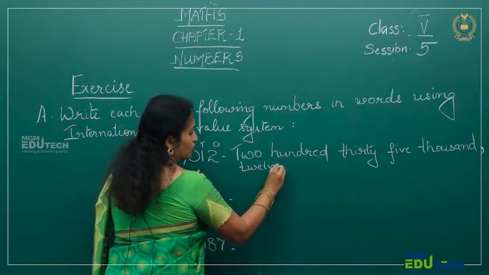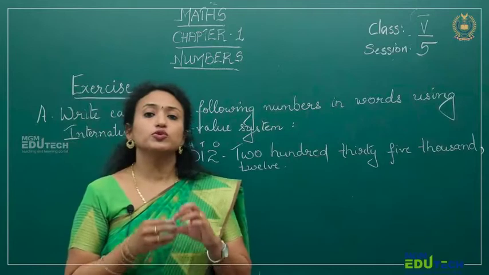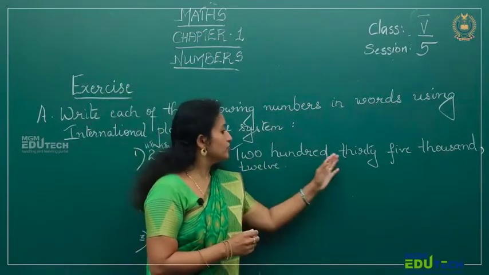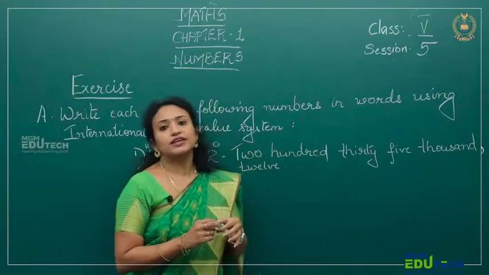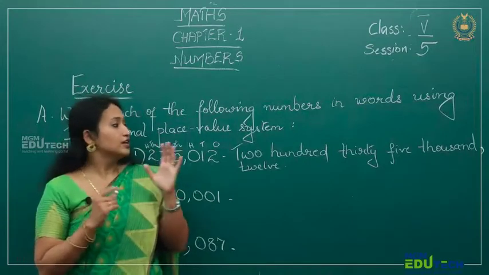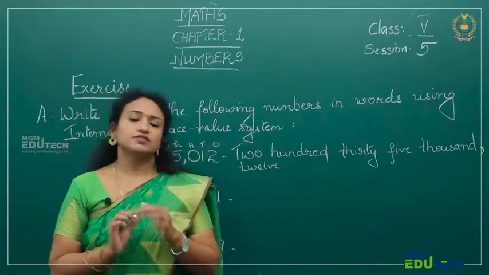So that is your number. And be very careful while writing words. You have to learn the spellings. Very, very important. Every word you have to learn the spellings correctly. It is high time that you all know to write in words correctly without any mistake.